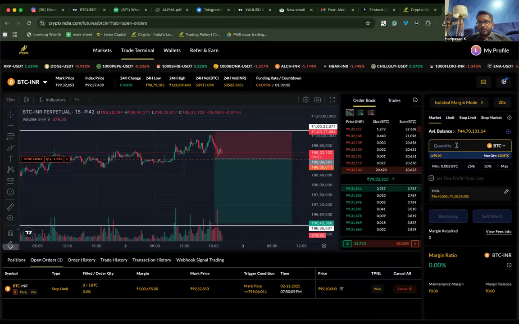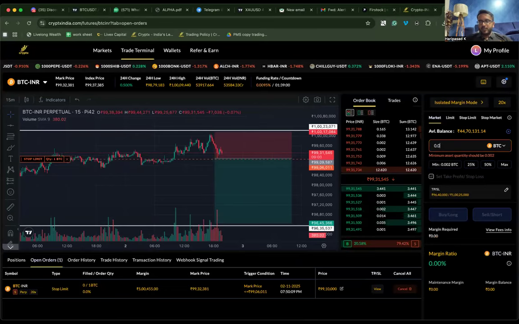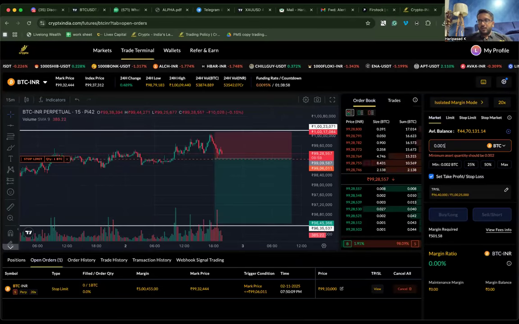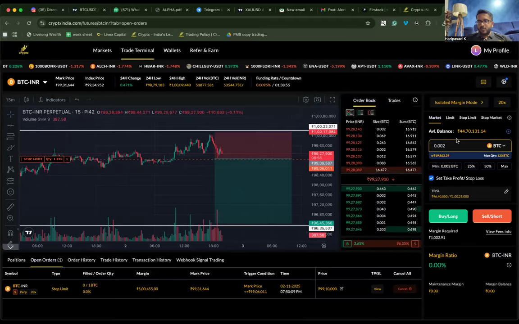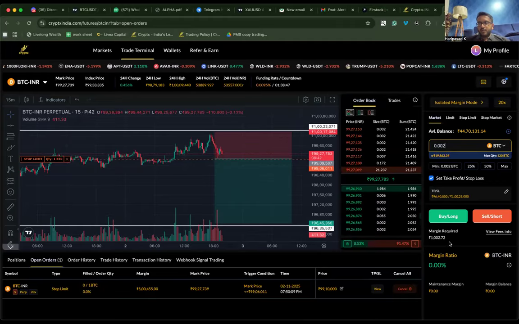So let me just show you. Let's say that you want to trade the minimum quantity, sorry, 0.002 Bitcoin, which is the minimum quantity. Your capital requirement is only going to be 1,000 rupees. With just 1,000 rupees capital requirement, you can trade 0.002 Bitcoin. This also can be traded with a very small margin requirement of 1,000 rupees.